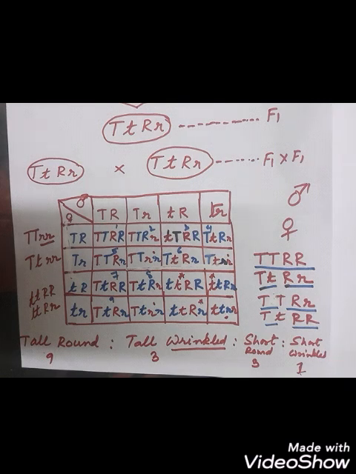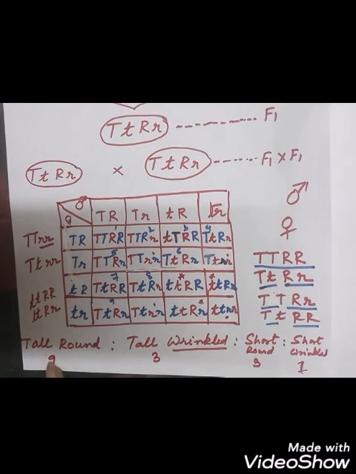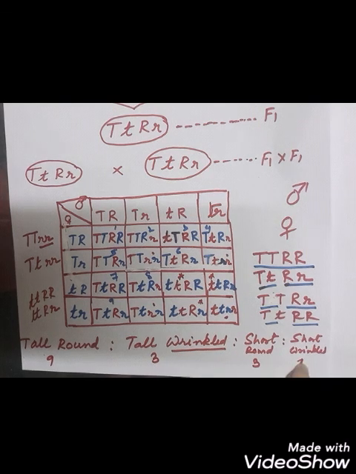So in this dihybrid cross, the total number of offspring formed is 16, and the ratio that we will get here is 9:3:3:1. That is tall round to tall wrinkled to short round to short wrinkled is 9:3:3:1.